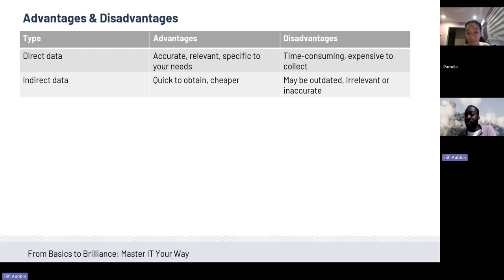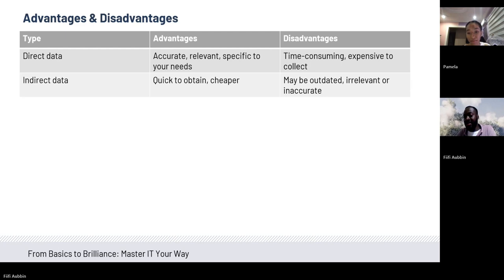If I ask you to do the population count for Ghana on your own, you would use about 6 months to cover the entire country. If you're doing it by yourself, it's difficult and expensive. But if it's been done by someone else, it's quick to obtain. They've done it, you just go there and grab it. However, it may be outdated, irrelevant or inaccurate, because you cannot trust the person who put that information out there.